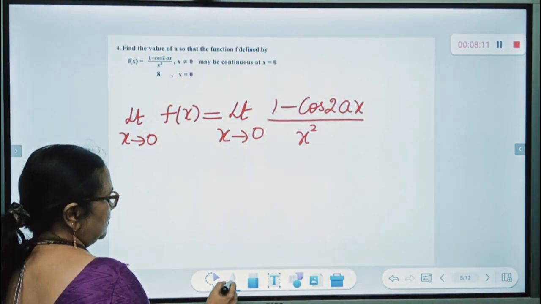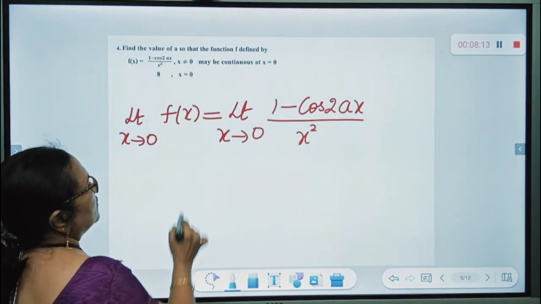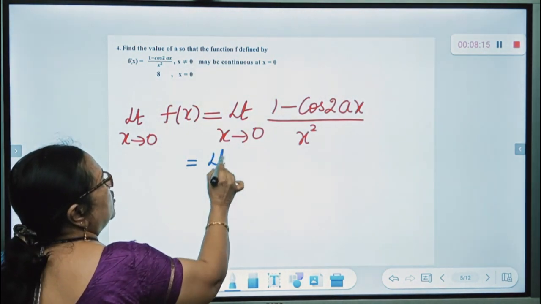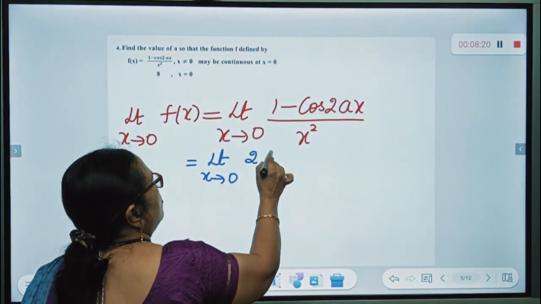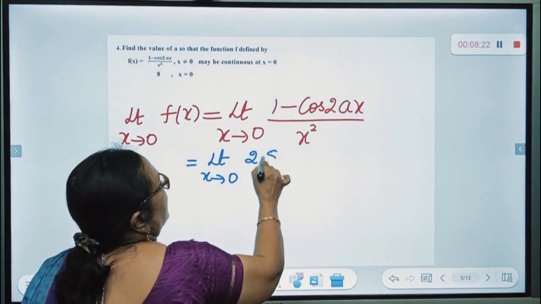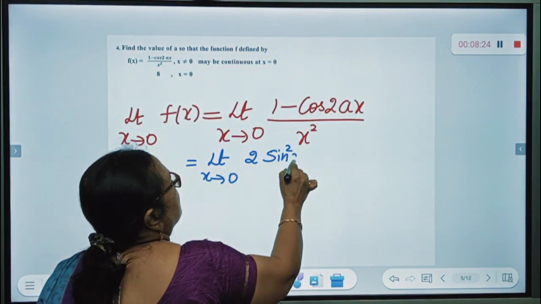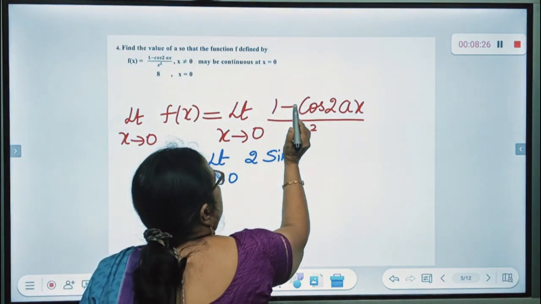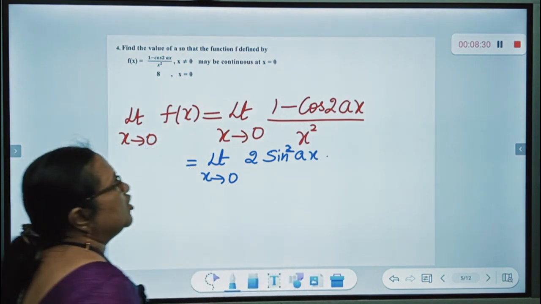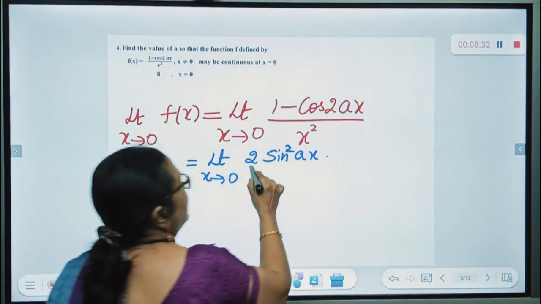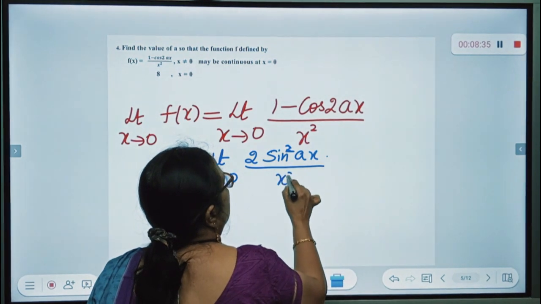Now this is limit x going to 0, and 1 minus cos 2ax is 2 sine square ax, by x square.